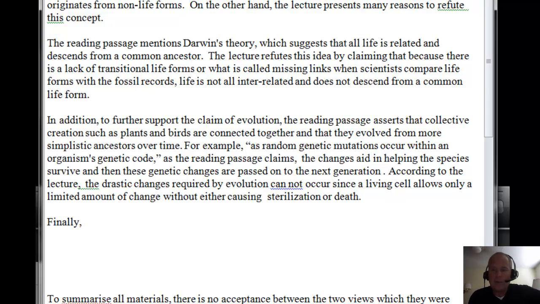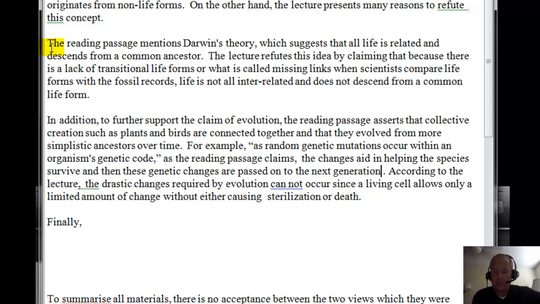The reading passage asserts that collective creations such as plants and birds are connected together and that they evolved from more simplistic ancestors over time. For example, as random genetic mutations occur within an organism's genetic code, as the reading passage claims, the changes aid in helping the species survive, and then these genetic changes are passed on to the next generation.